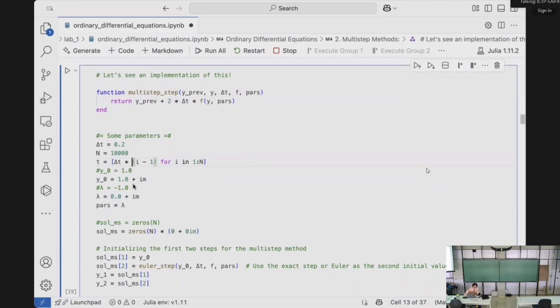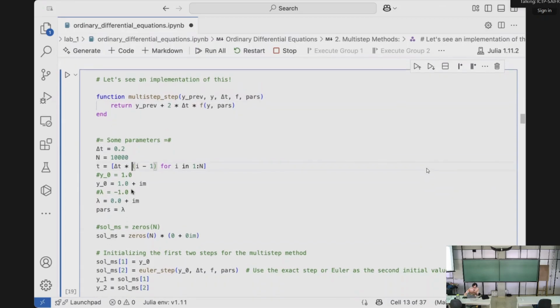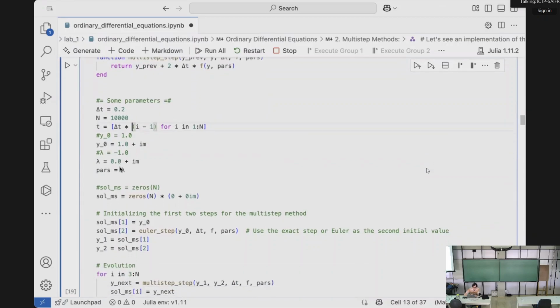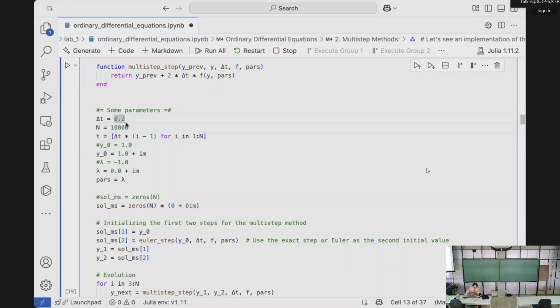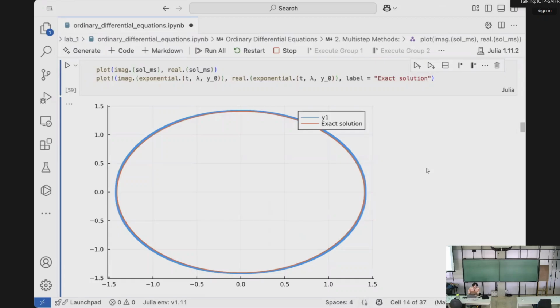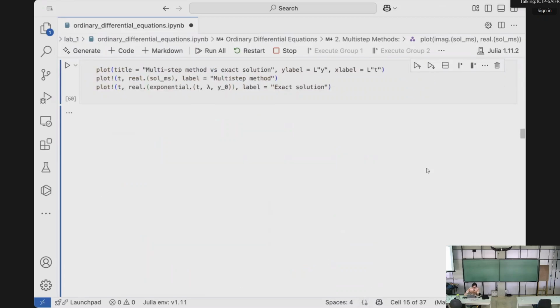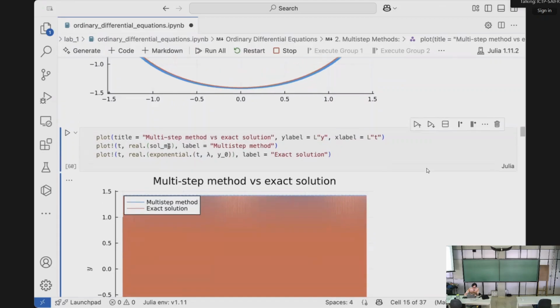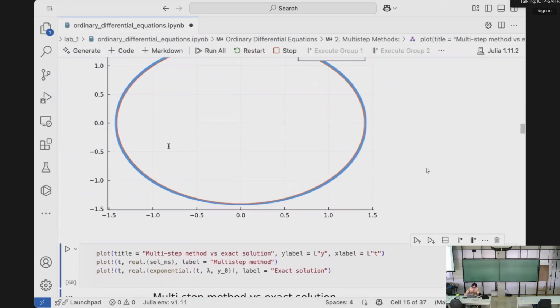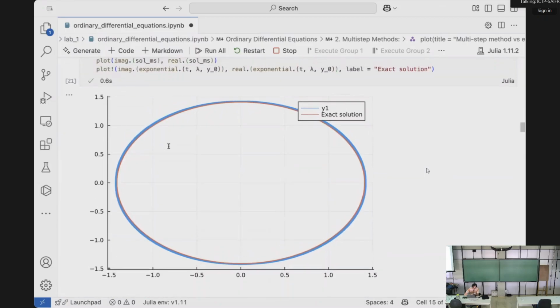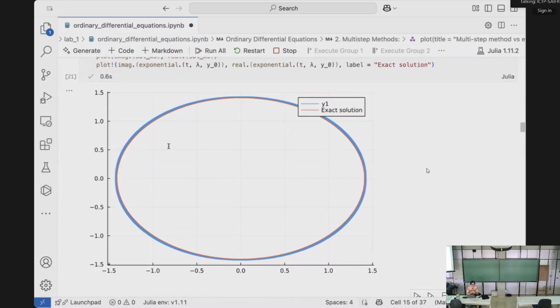And now here I am defining some delta t, some complex parameters, for example. Here I have set delta t equals 0.2, and I try to evaluate this. And what I see here is that I am kind of getting the circle that I wanted to get, but still I am kind of getting out of it.